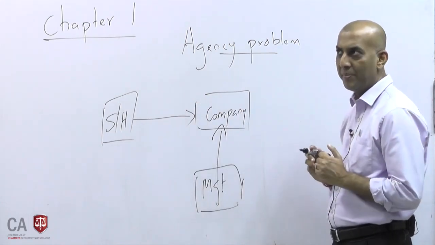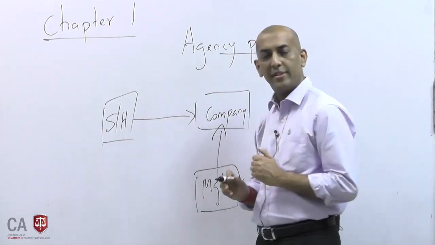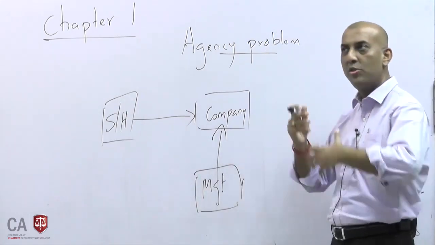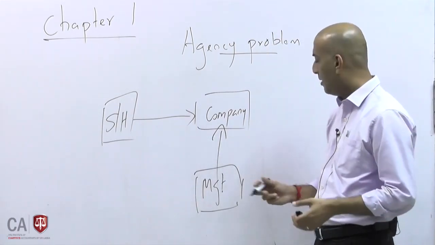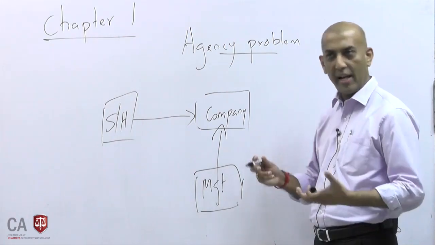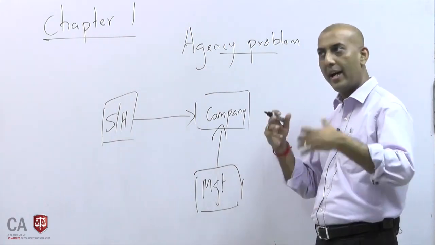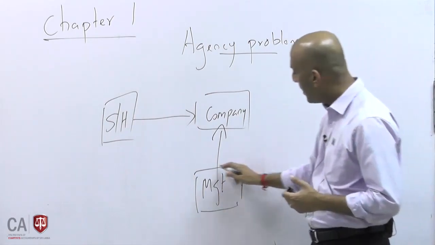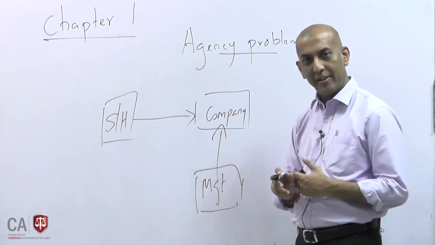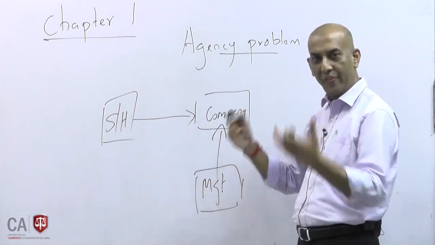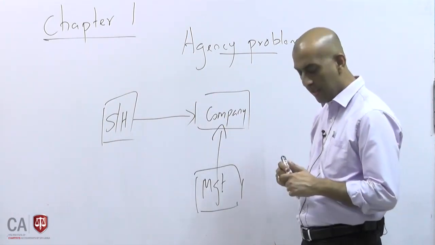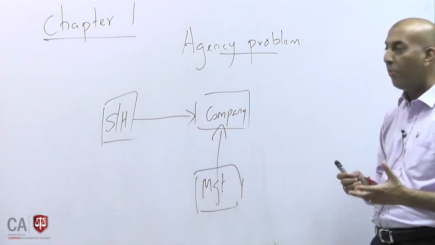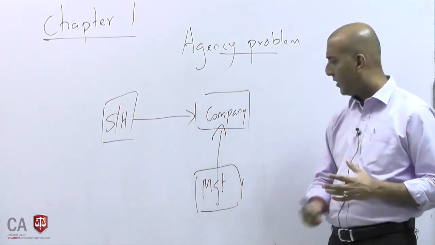Now see what the shareholder wants: good profits, good dividends, good wealth creation. Management wants their perks, their remuneration, their packages, their welfare, their growth, all that. When management is going to manage the company and shareholders are the final beneficiary of the wealth creation, there could be a problem or conflict between these two.